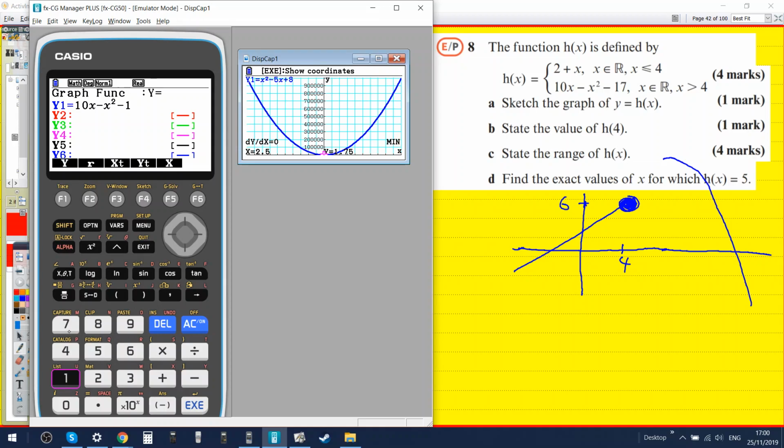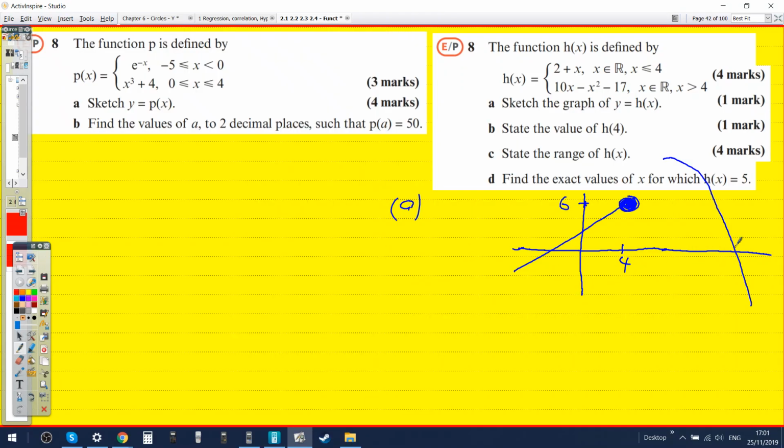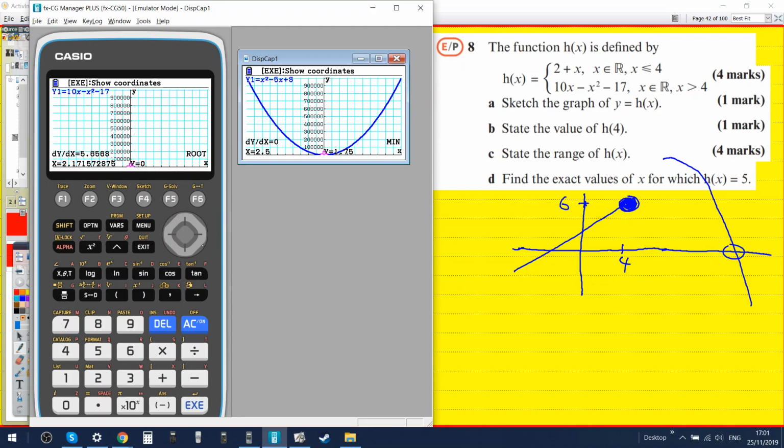I'm not quite sure. Shift F5 graphical solve root, and it says it is when x is 2.17. So that there. Oh, hang on, that's on one side, is it? So I press right to go to the next one. X is 7.8.